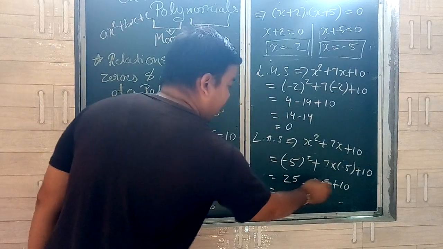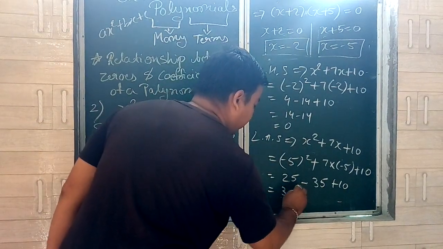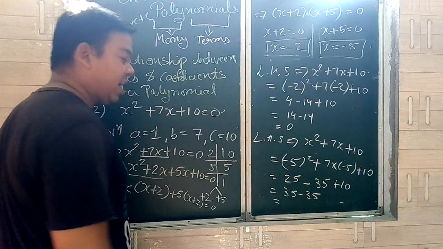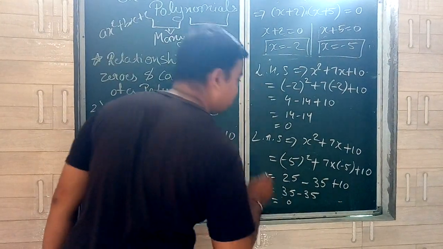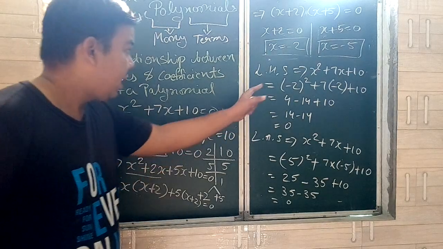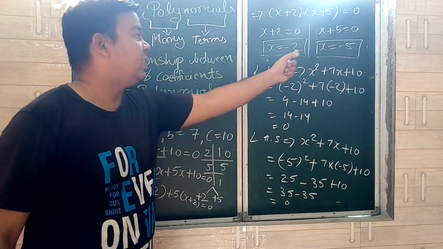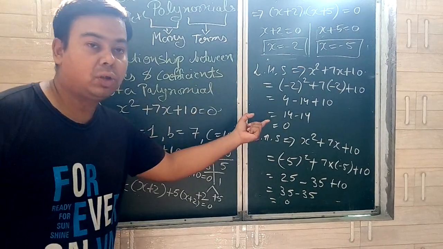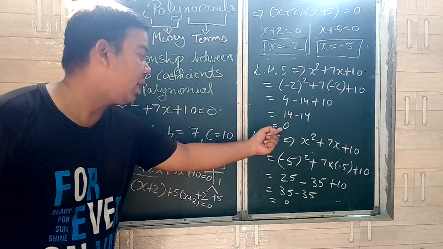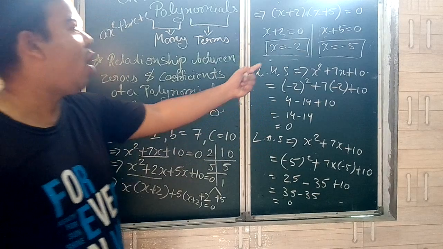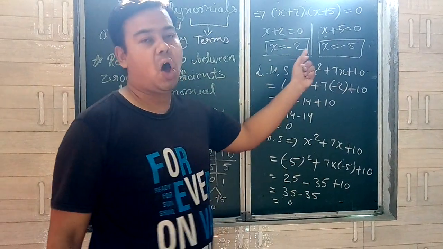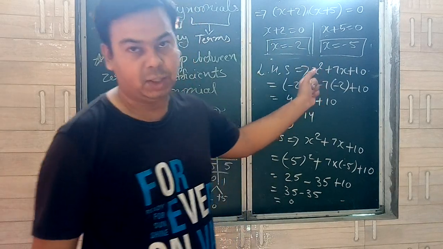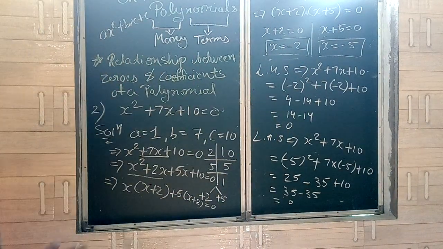So 25 plus 10 is 35, minus 35 is 0. So if we put these values in this equation, our equation is satisfied, and we get the answer 0. So that's why we call them roots of the equation or zeros of the equation. Okay, is it clear to you all? Please note down.